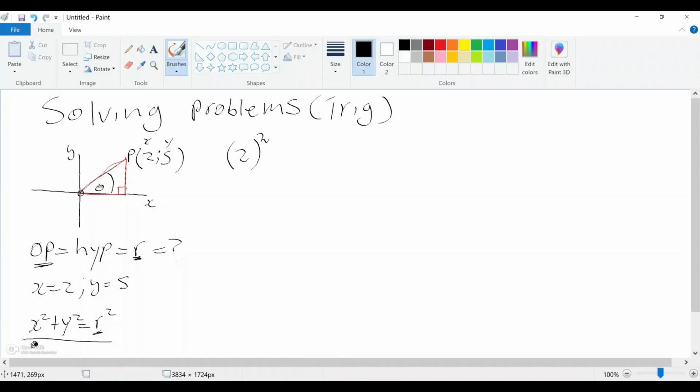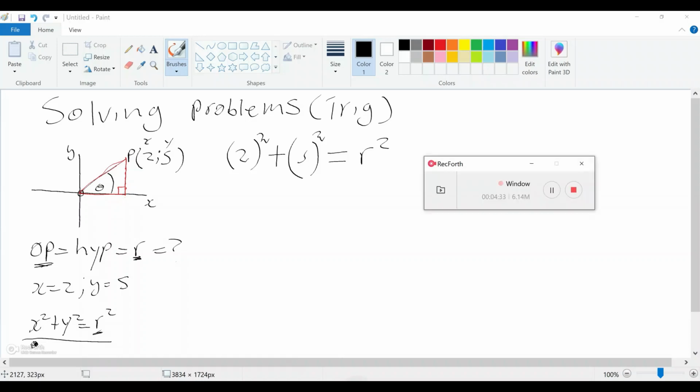So 2 squared plus y. What is our y? Our y is 5, and then we have squared. Do not forget that this is equal to r squared. So r squared is what you are looking for.